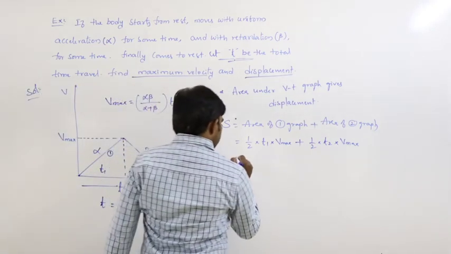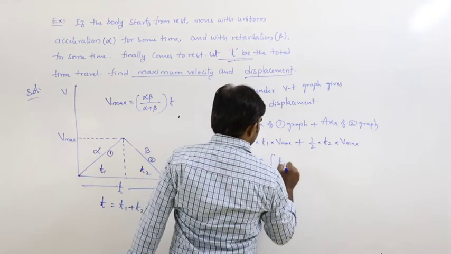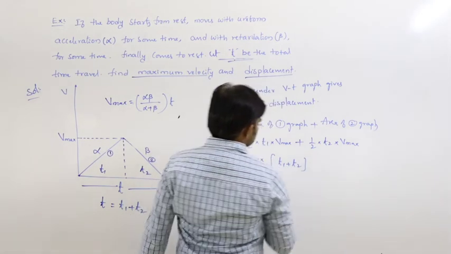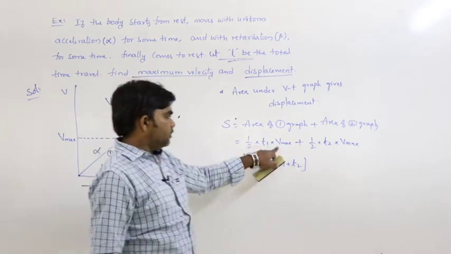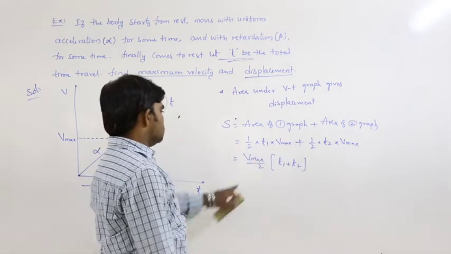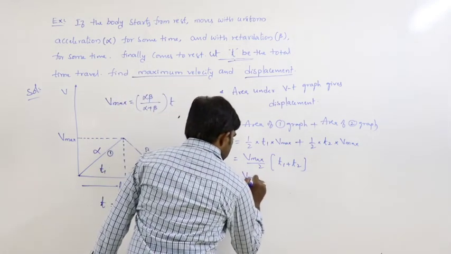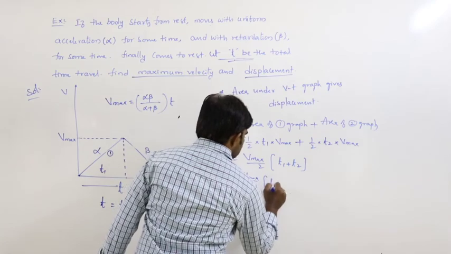So here Vmax by 2 is common, times t1 plus t2. Here it is 1 by 2 Vmax, here also 1 by 2 Vmax. So Vmax by 2 into t1 plus t2, and t1 plus t2 is t.